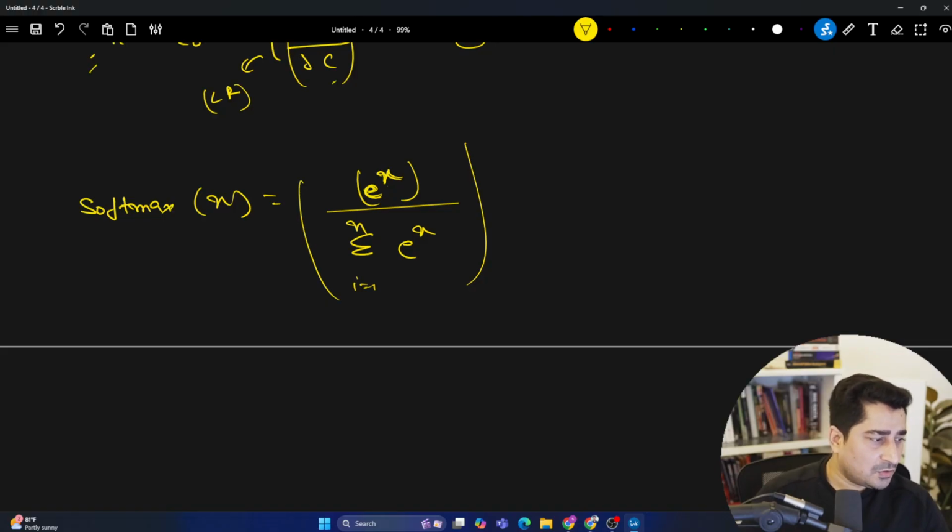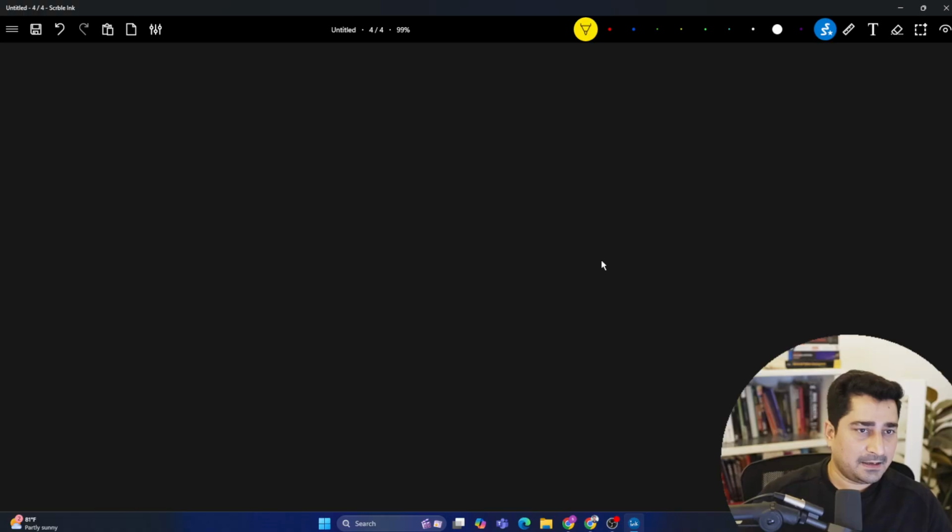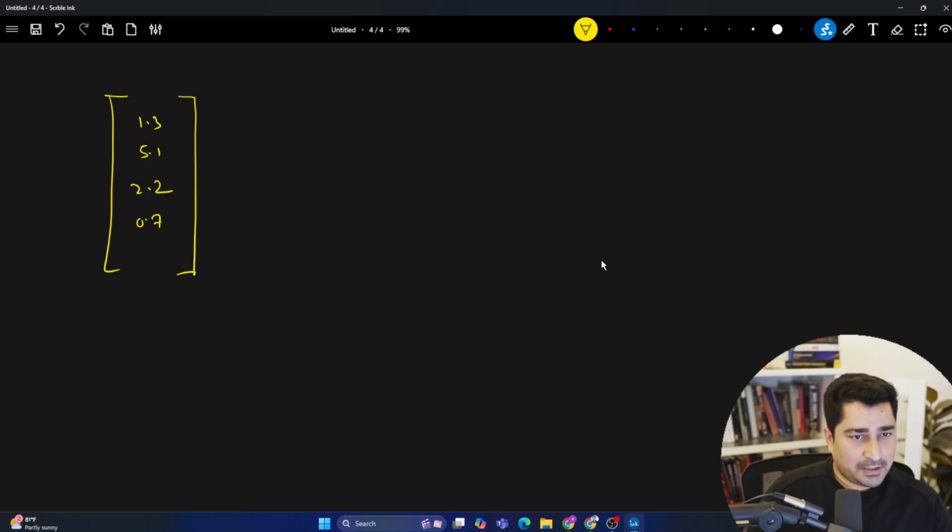And again, your Softmax function is going to fluctuate between 0 and 1, and even your sigmoid function fluctuates between 0 and 1. But for Softmax, for example, let's suppose I have data like 1.3, 5.1, 2.2, 0.7, and 1.1.